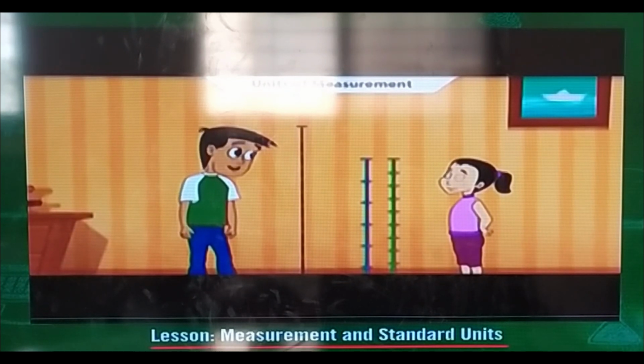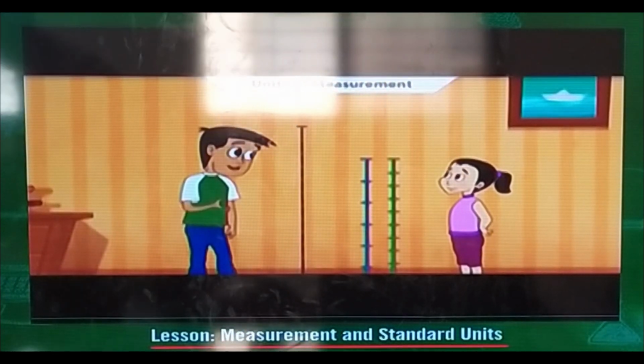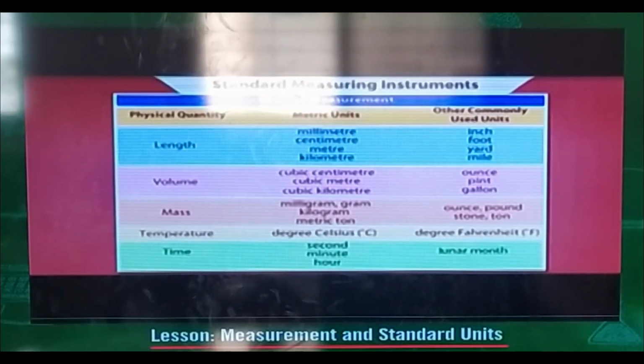This is the reason why there are standard units of measurement. I can use the span of the hand to compare lengths, but not to measure length accurately. In order to make measurements of any physical quantity such as length, area, mass or weight, temperature and volume, we need standard measures called units.